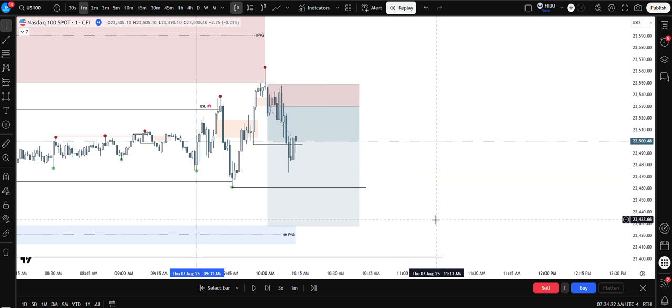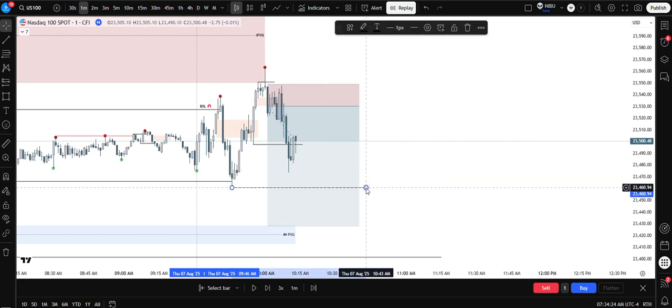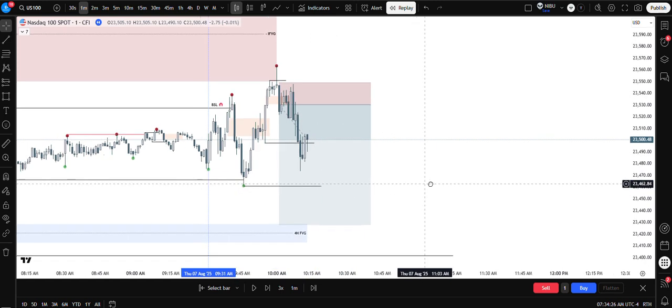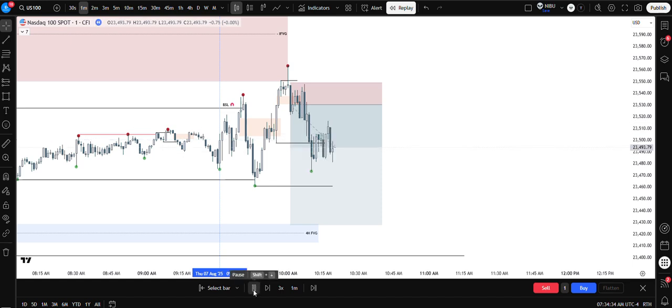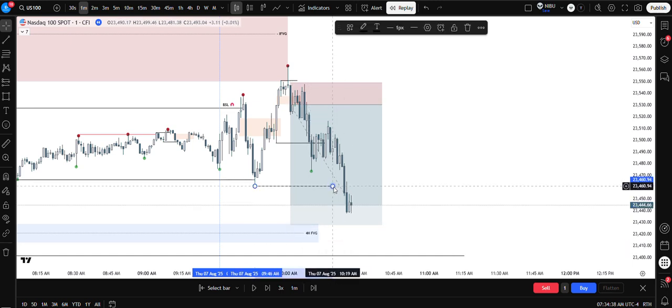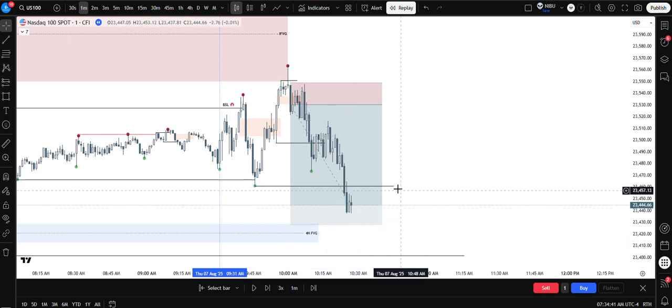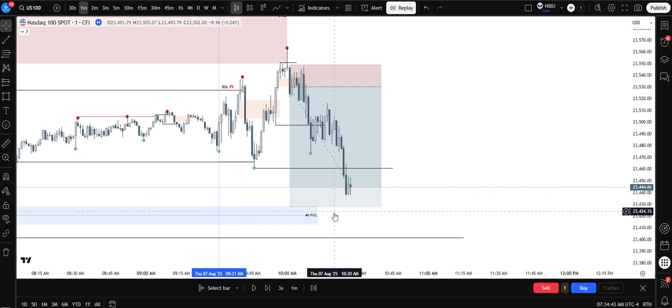You can manage, you don't need to copy mine exactly, you can make your own plans. Let's see, price reached the first target.